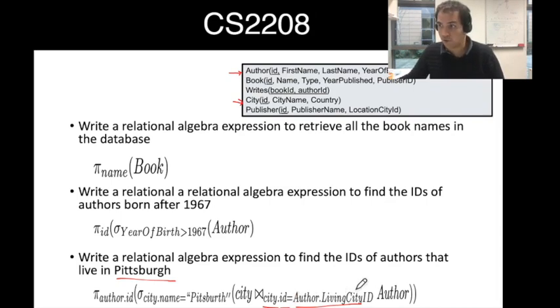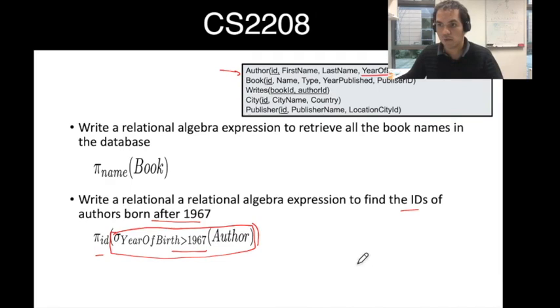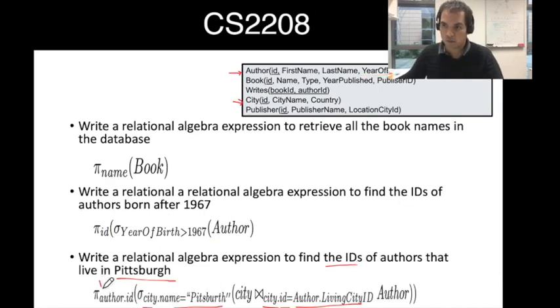If you want, you can also use the cross product as well. And then after this, at least in this solution that I have here, we have the name of the city, we apply the selection with the condition, and then all we want to get, remember that we want to get the ID of the authors, only the ID. So that's why we get the author ID. Something also important, I use author.id because we have multiple tables with ID.